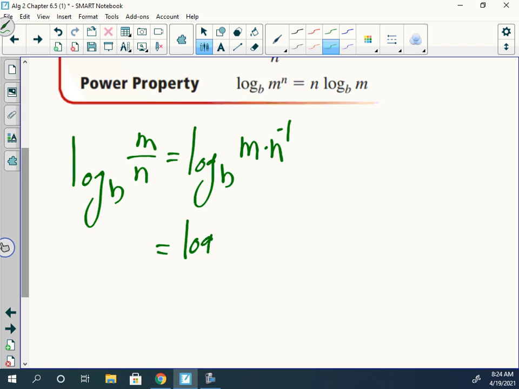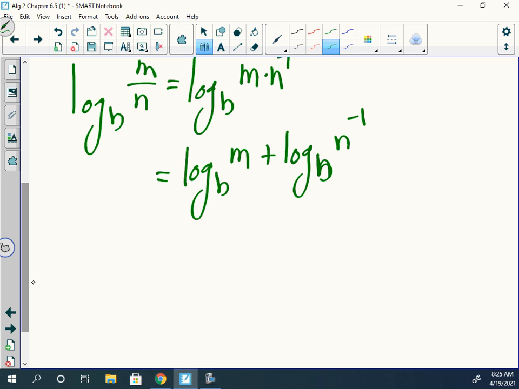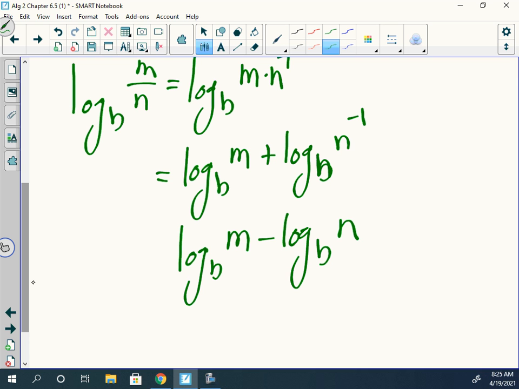Well, according to our product property, I'd have log base b of m plus log base b of n to the negative 1, because I just have two things multiplied together. But our power rule says that I can take that negative 1 and move it out front, which really just tells me that I have log base b of m minus log base b of n, which is our quotient rule. So I'm just walking through these, showing you how we can get each one, and they come from each other.